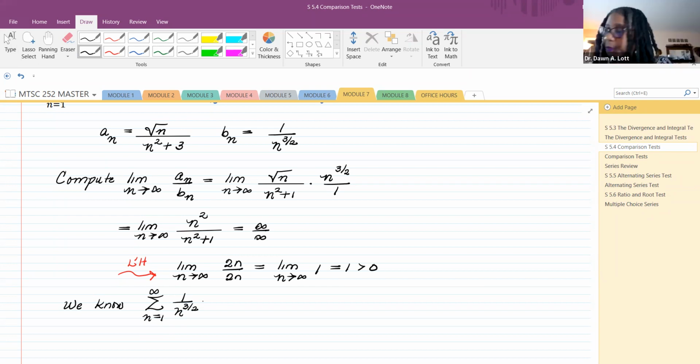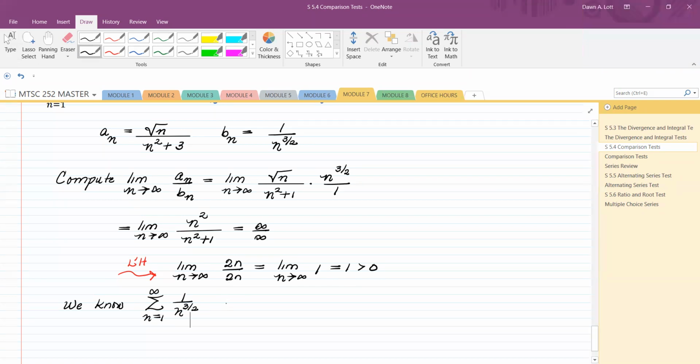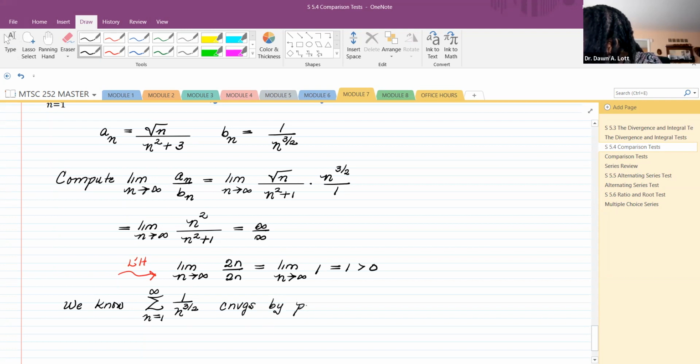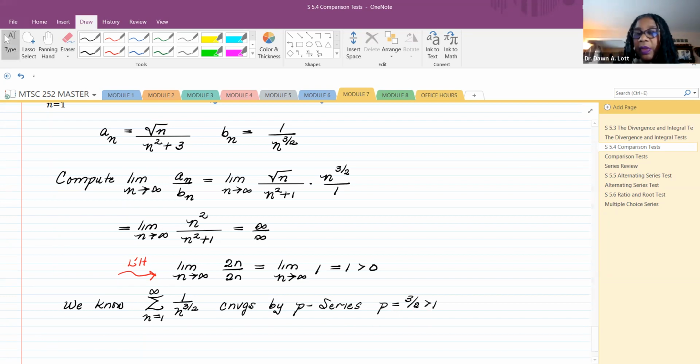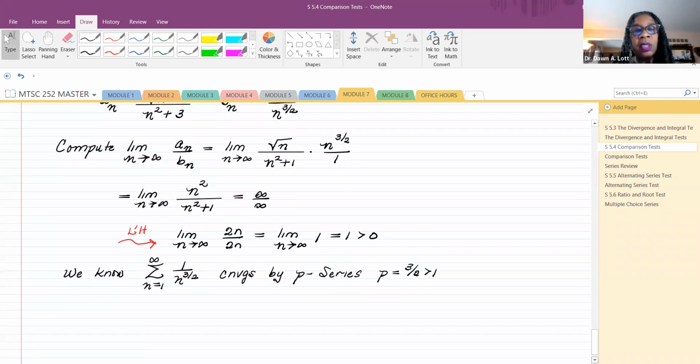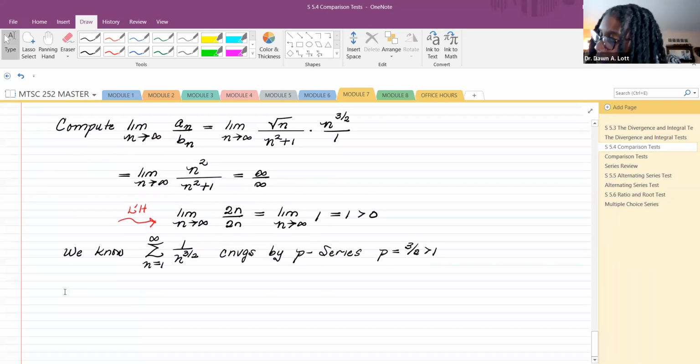P series? It's a p series. This thing converges by p series. P equal to 3/2, which is greater than 1. So now that we did a limit comparison test to something that converges, the other series converges.